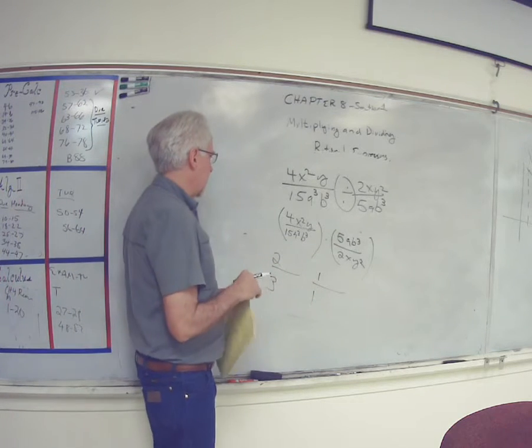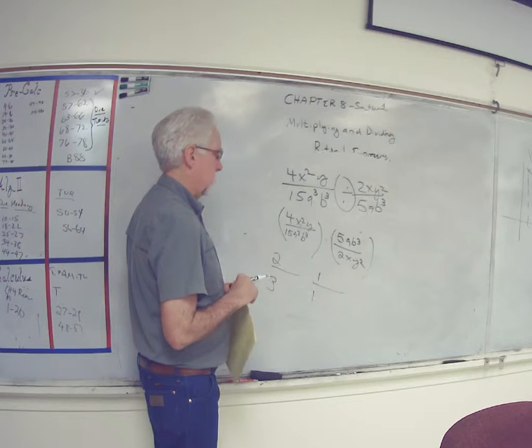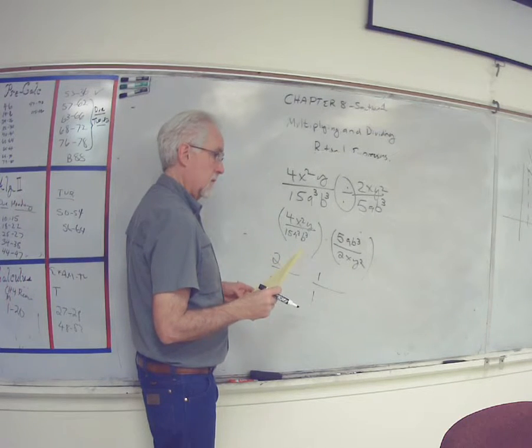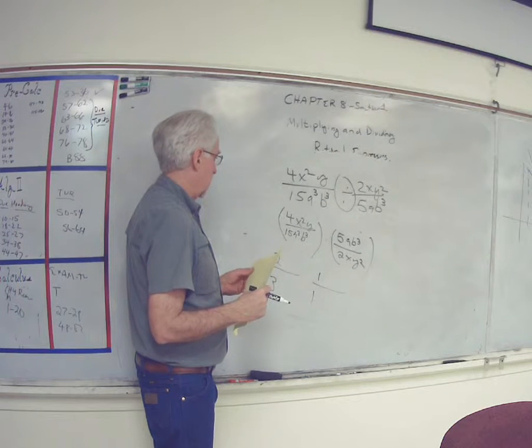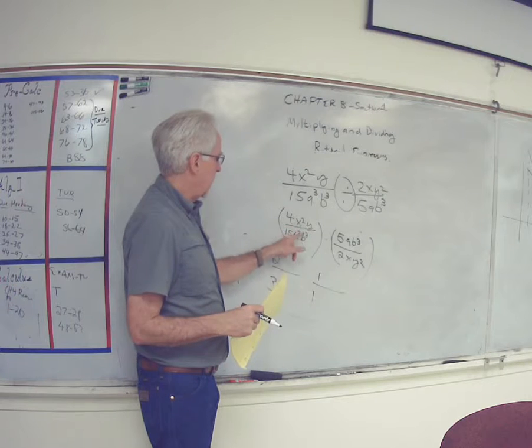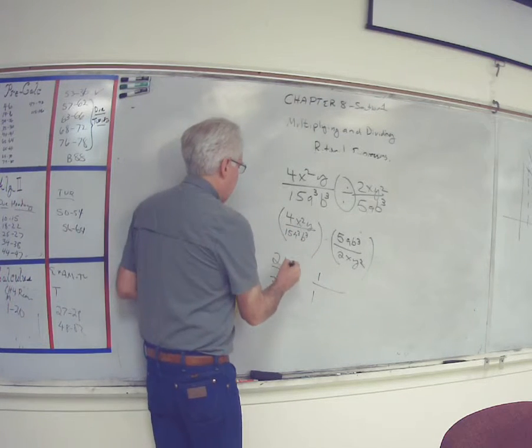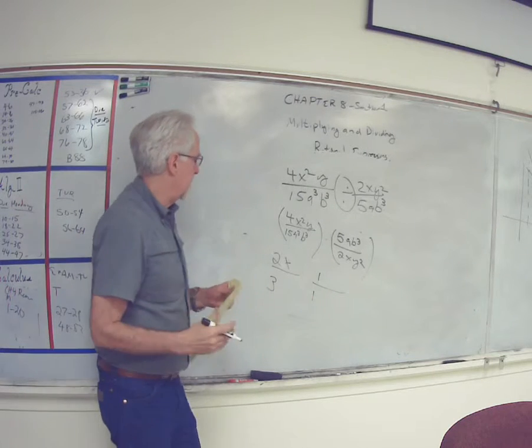Okay, Mario, what are you going to reduce? The x. Okay, x squared over x becomes what? x over 1. x over 1, we'll just leave it like that, okay?